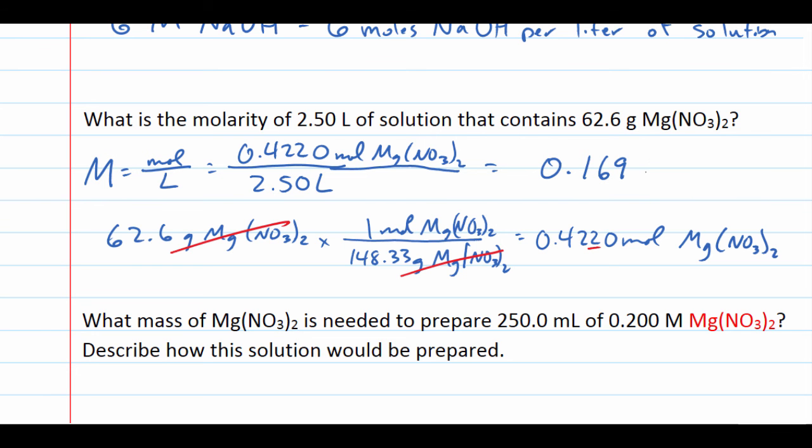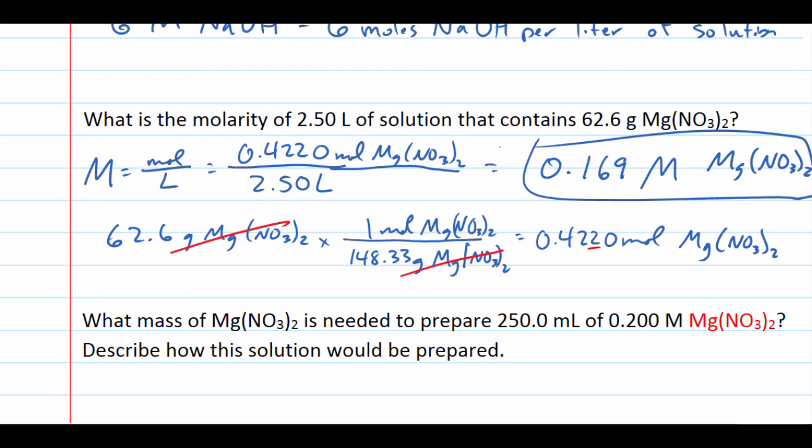The label on this is going to be moles of magnesium nitrate per liter, until we remember that every time we see a mole per liter, we substitute that with big M right here, and we then say that the concentration is 0.169 molar magnesium nitrate. So any questions on this particular calculation?